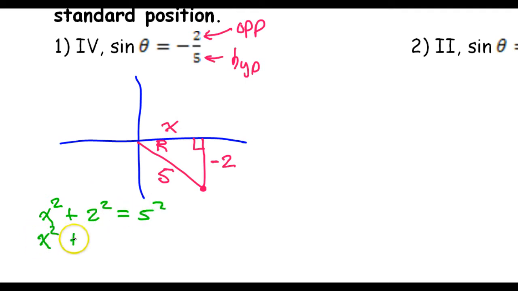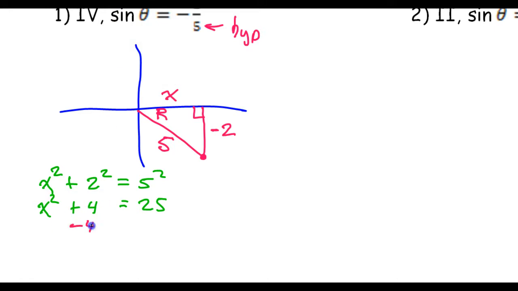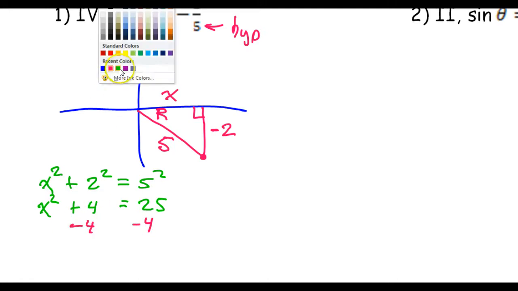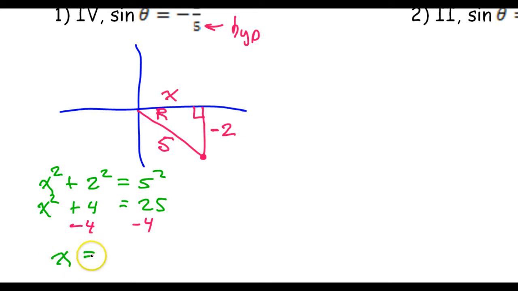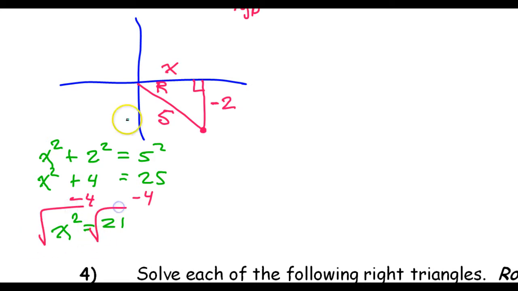That means x squared plus 4 is 25. If I subtract 4 from both sides, I get x squared equals 21. And if I take the square root of both sides, I'm going to get x equals radical 21. Okay, so I can put that in. So this is radical 21.